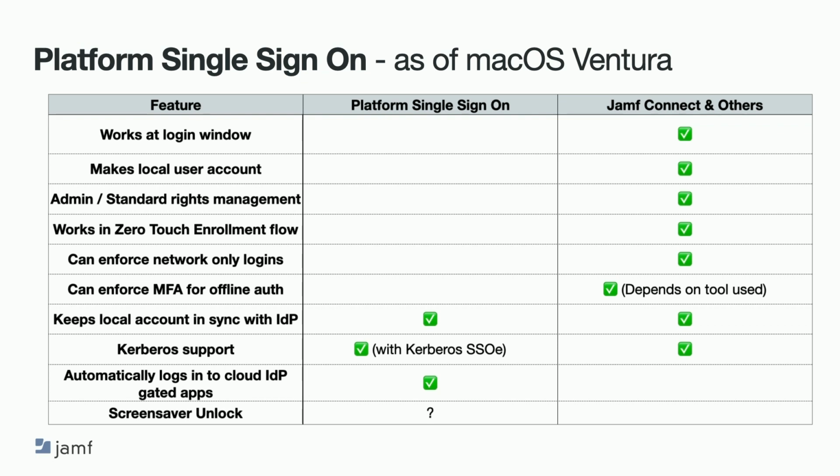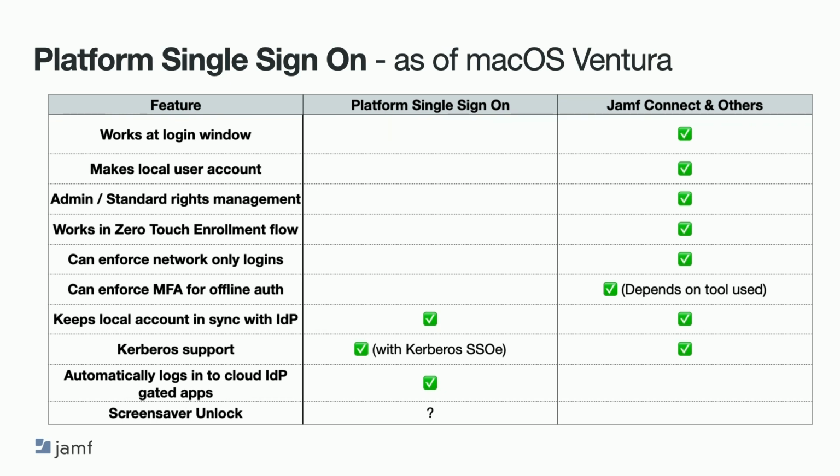As of macOS Ventura, here's the chart that's the difference between all those tools like Jamf Connect and XCreds out there in the world versus platform single sign-on. You have to create a user account first on the box. You do not get any ability to determine if that account's going to be admin or not, et cetera, multi-factor authentication, blah, blah, blah. Both of the tools are allowed to get Kerberos tickets.